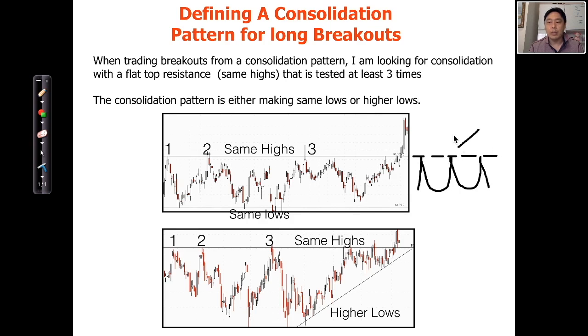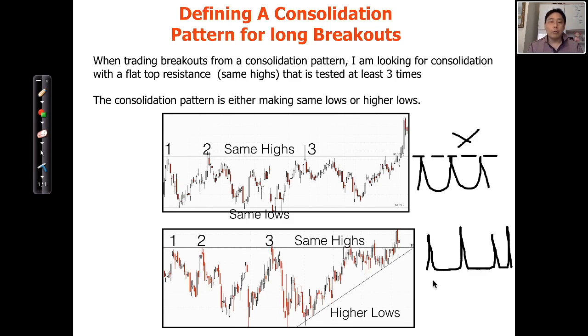This doesn't always happen in the real world. In the real world, the price can go up, come down, and go up higher, come down, and do something like this, and like that, right? It could be like that.